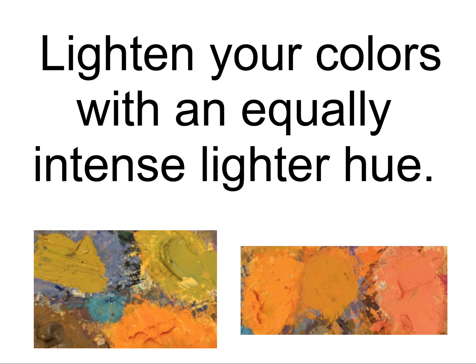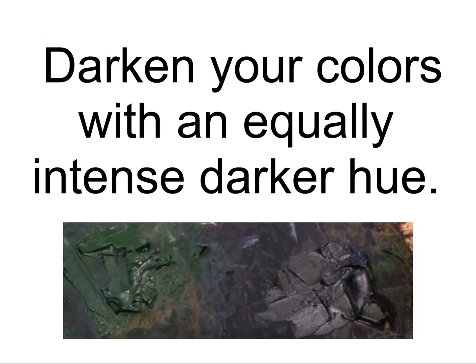So you can lighten colors with an equally intense lighter hue, and they'll maintain their intensity and their richness. Same thing with the darker colors. The terre verte on the left was darkened with a violet dioxazine purple that made it go very, very dark, almost black, but there's still enough of a hint of color there to maintain the richness of the color and the intensity.